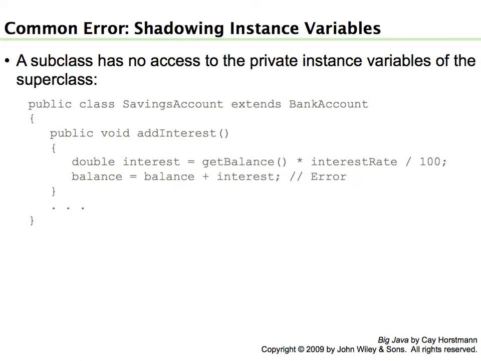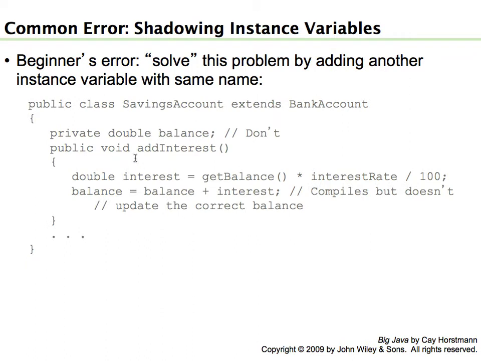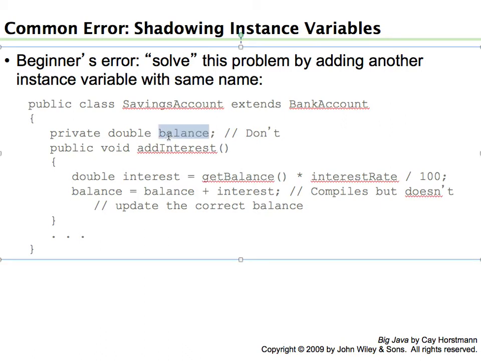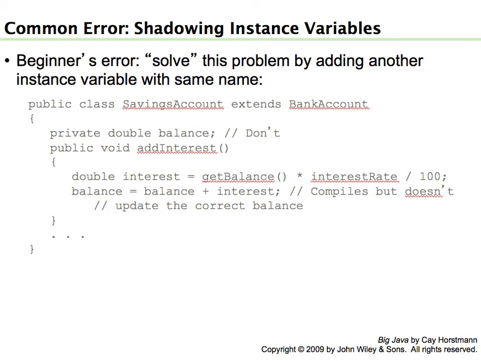And if you decide to redefine it, like if you put the balance and the compiler gives you an error and then your development environment suggests to you to redefine a variable, this may work, but what's happening is this balance in saving account is hiding that other balance in the other class, so you don't want to do that, okay?